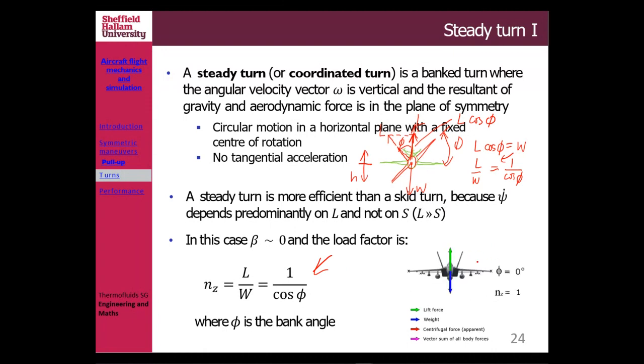Now you can see I put an illustration there. The bigger the phi, the bigger the bank angle, and the bigger also the load factor. When phi equals 0, steady level flight, n equals 1, but at 30 degrees it starts increasing to 1.2, at 45 it becomes 1.4, and at 60 degrees you already double the load factor, you already double the g-force.